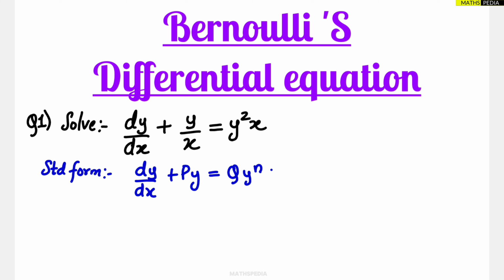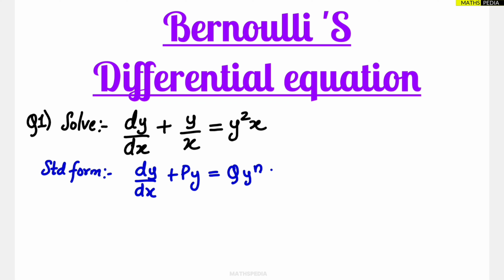So how to compare and see? Whenever you are getting dy by dx, and p and q are functions of x, then we can directly say it is in this form.